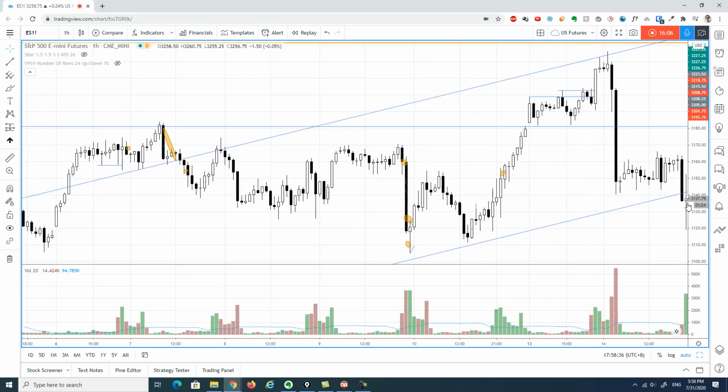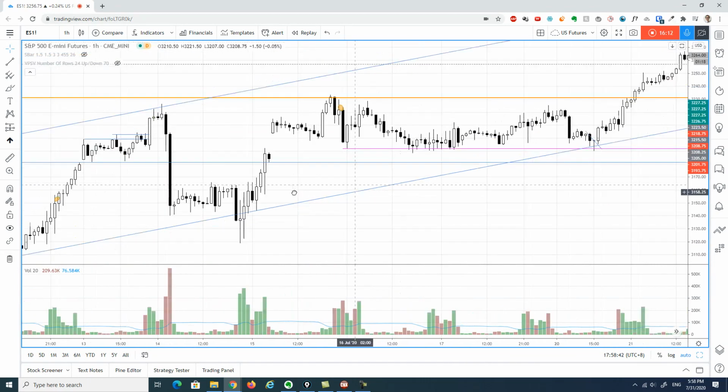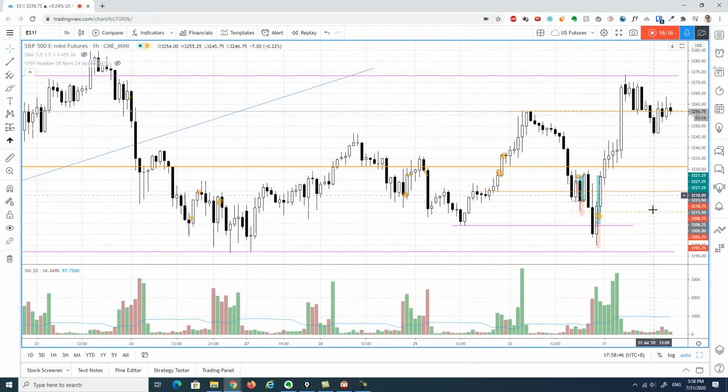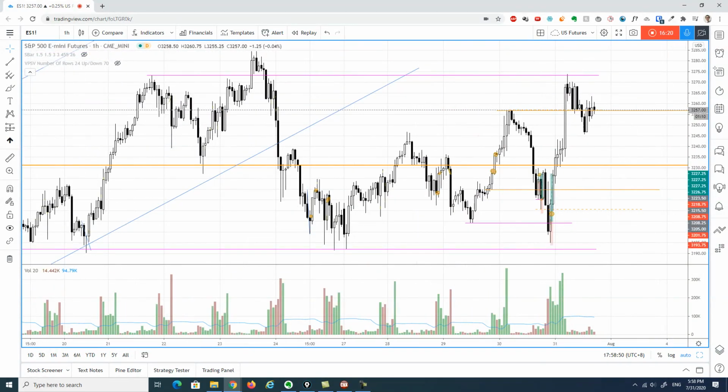So let me get back to the hourly time frame, and we can talk about the current situation right now. Yesterday's action was very bullish. We had the supply absorption happen somewhere around the previous supply absorption area. You can see that these were the levels where we previously had supply absorption as well.